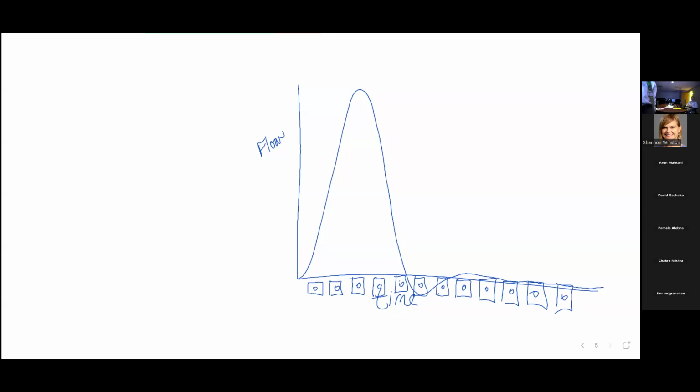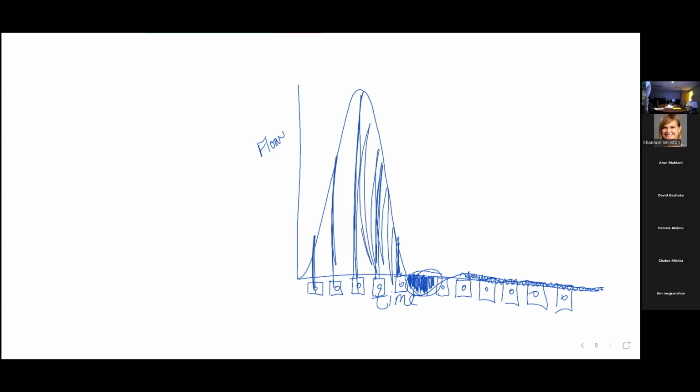So here is most of the systolic flow. And that's going to make up the majority of the forward flow. There's a tiny bit out here in diastole, but not very much at all. Trivial. And what you just brought up, whoever asked the question, this is the coronary flow. Right there, that little piece. And it's really negligible relative to all of this and this.